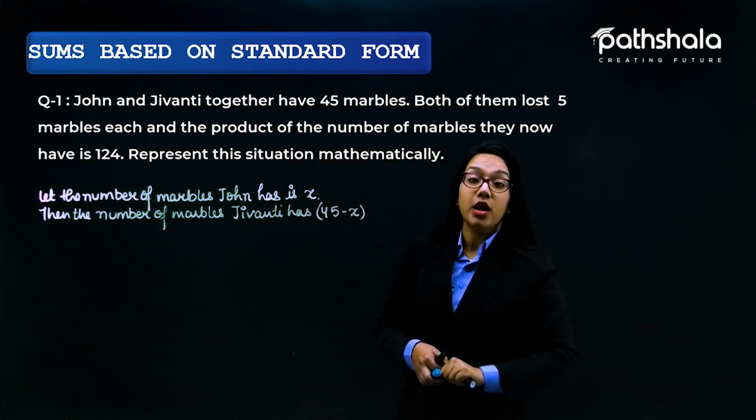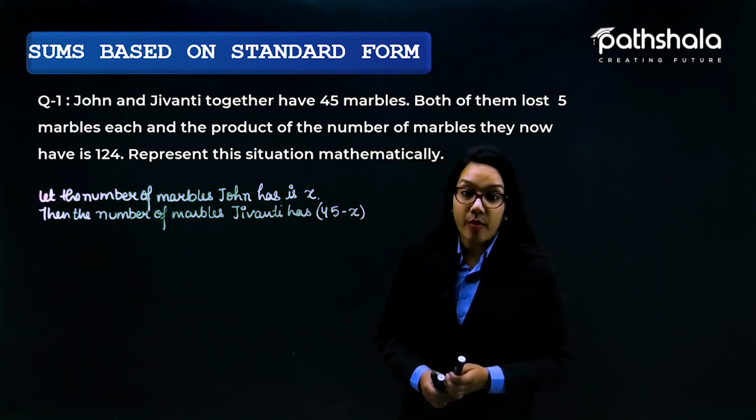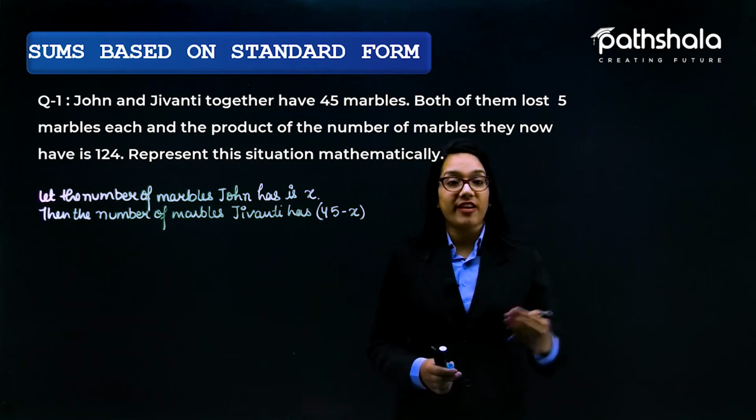How? Because we know that John and Jivanti together have 45 marbles. So if John has x marbles, then Jivanti will have 45 minus x marbles.